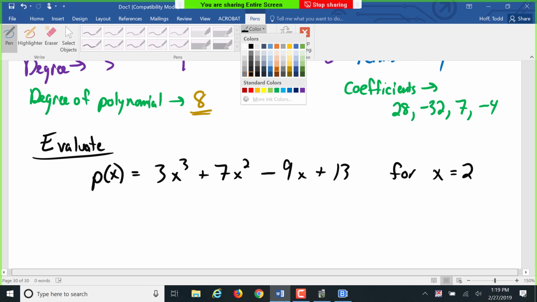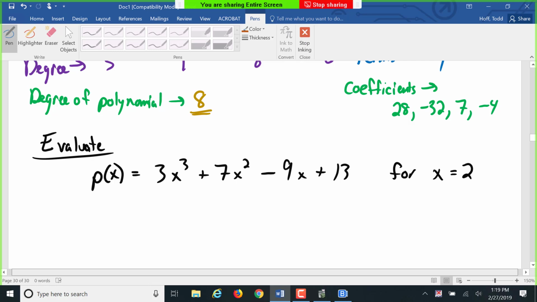What are we going to do? Yeah, put 2 in wherever there's an x. So instead of 3 times x to the third, it becomes 3 times 2 to the third. So 7 times x squared, it's 7 times 2 squared. Instead of negative 9 times x, it's negative 9 times 2. Of course, 13 doesn't change because there's no variable there.